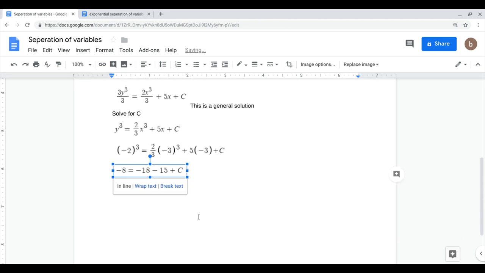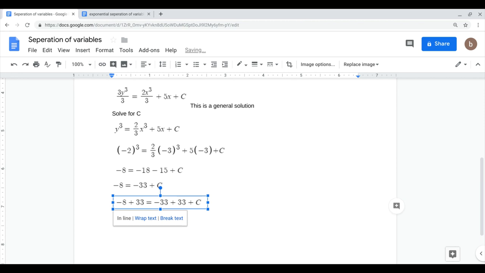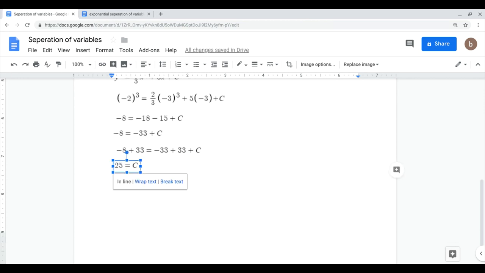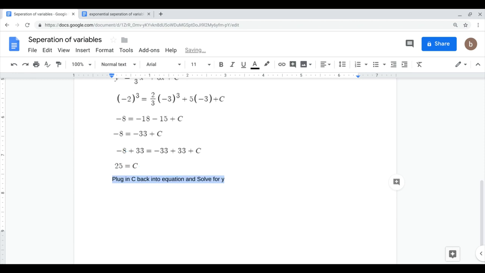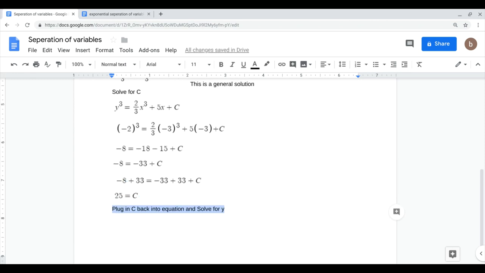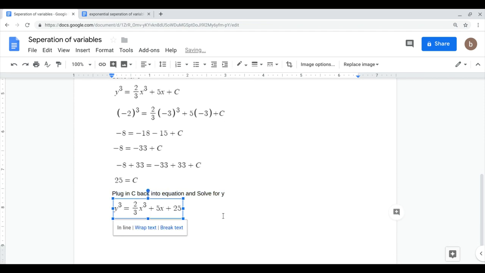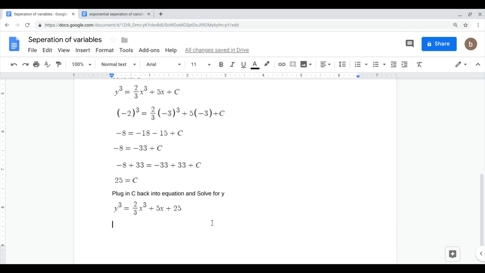And when we plug it in, we find that c is going to be equal to positive 25. And then we're going to plug c back into the general solution, and we get y cubed is equal to 2/3 x cubed plus 5x plus 25.